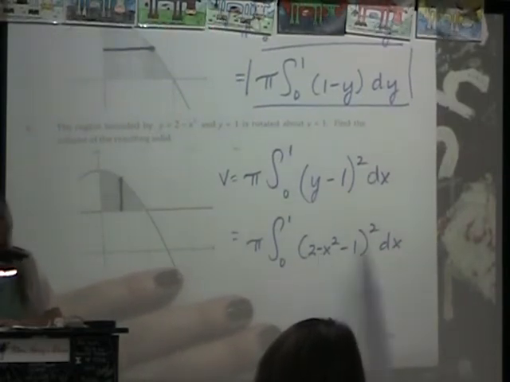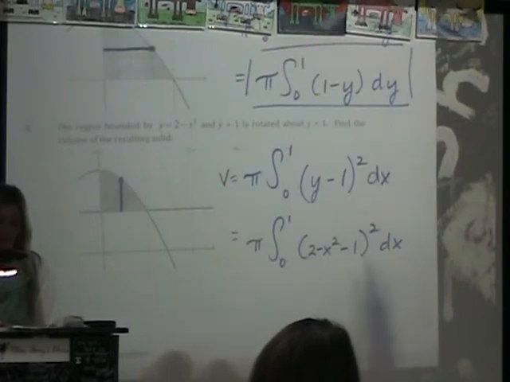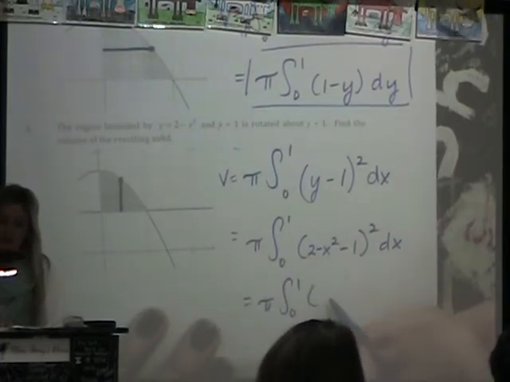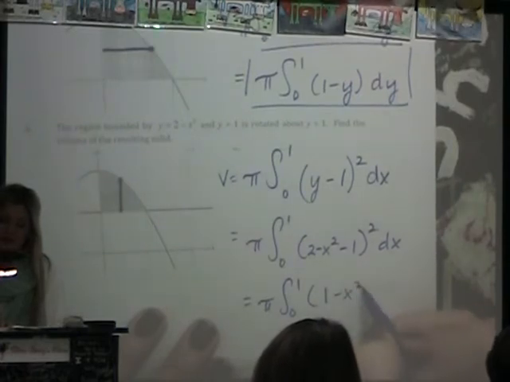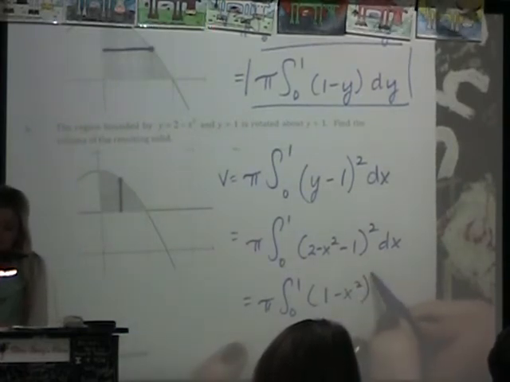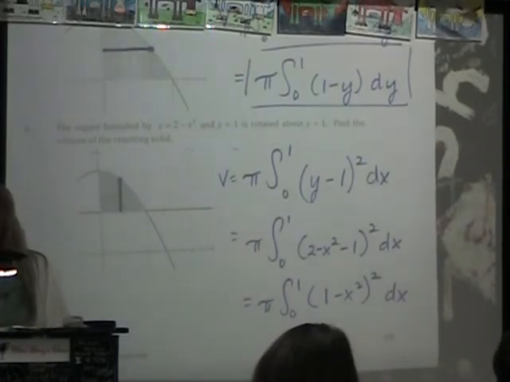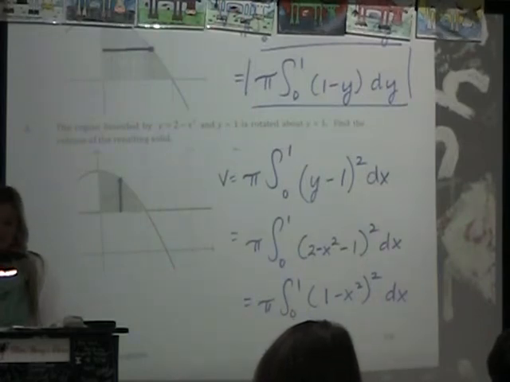But then of course you can certainly combine the 2 and the 1 and make it the integral from 0 to 1 of 1 minus x squared, squared dx. Okay, questions on the first page?